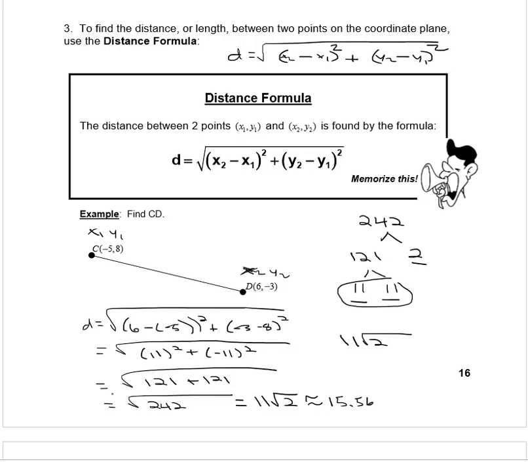So square root of 242 and 11 root 2 are the same thing, but 11 root 2 is probably the exact answer in its most simple form. And on the test or the quiz or whatever assessment, it'll say what form they want. If they say simplest radical form, you would go with 11 root 2. If they said round to 2 decimal places, you would say 15.56.